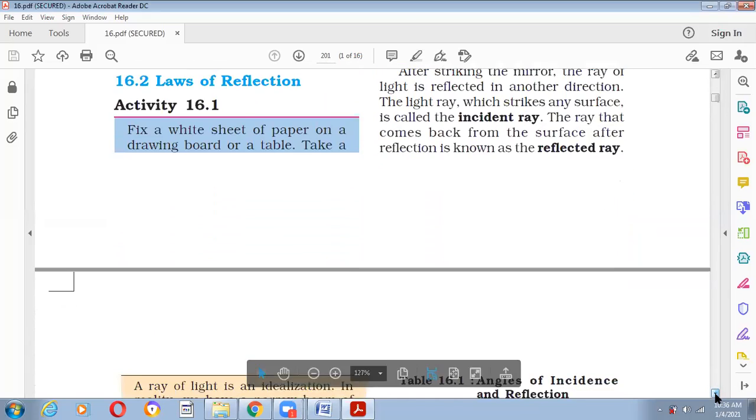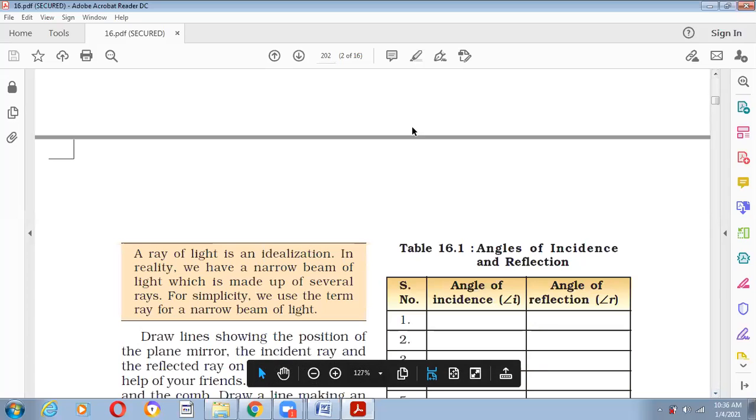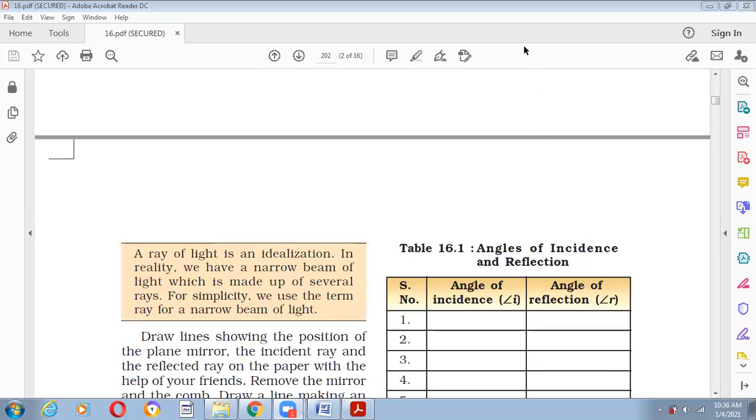Now, there are terms related to light that I would like to tell you.